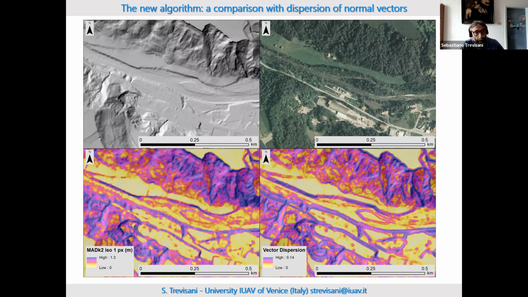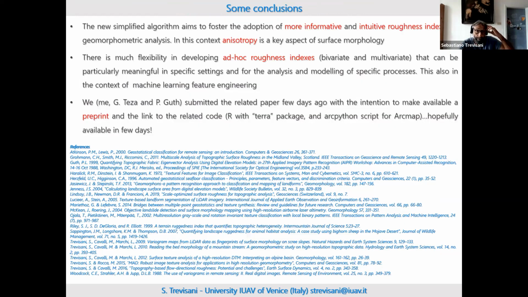Okay. This approach is just a kind of prototype, because the same idea could be applied to more complex spatial variability indexes, and also more complex roughness related indexes can be applied. The software is available as an R package, and it is written in R language.